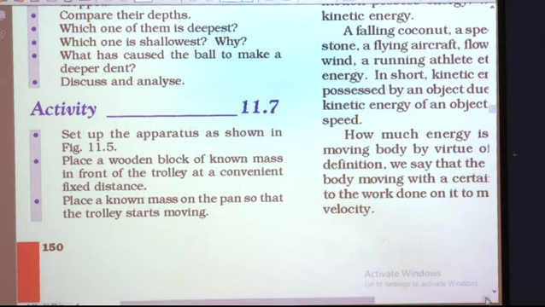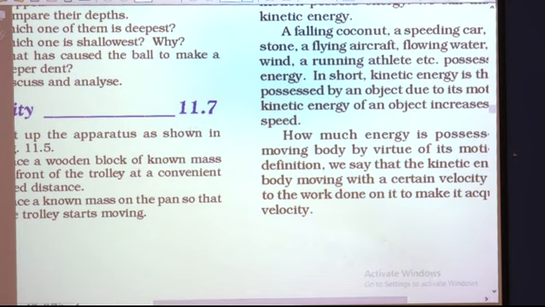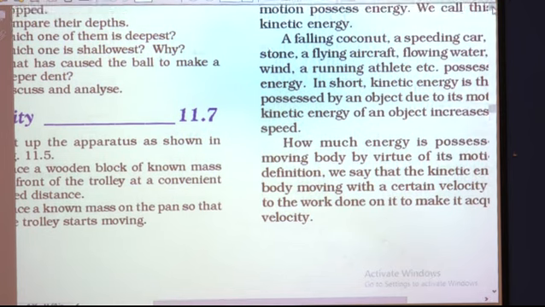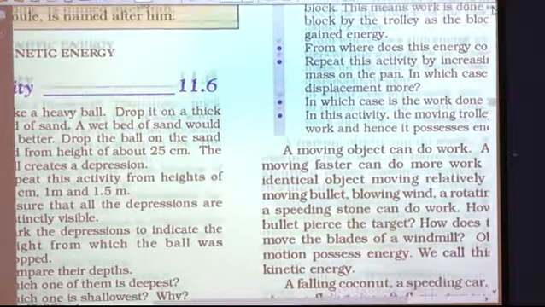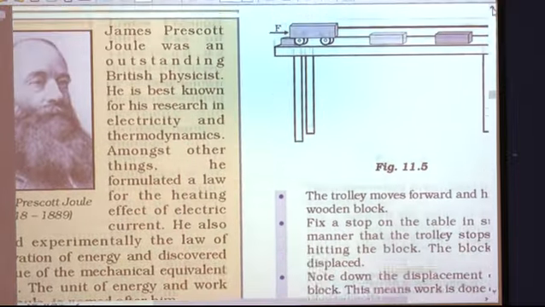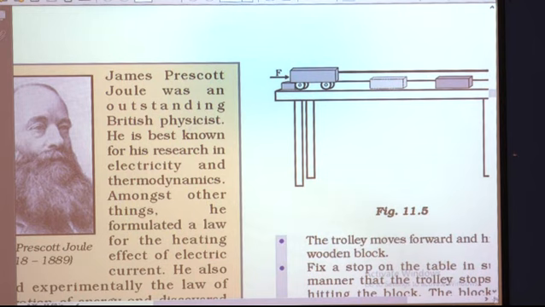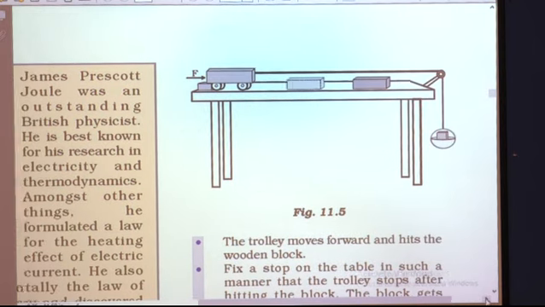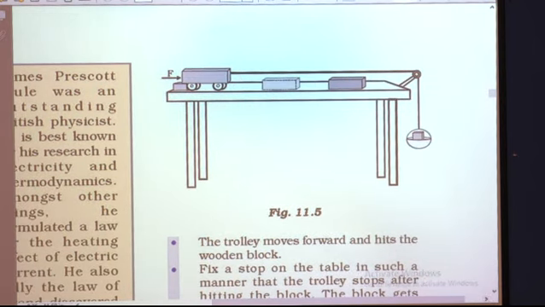You have to place the known mass in the pan and ensure that the trolley moves. So, look at the figure. This is figure 11.5. Here this is a trolley and this is a wooden block and this is a pulley, and a string is passing through this pulley, and a pan is connected in which you have to keep different known masses.